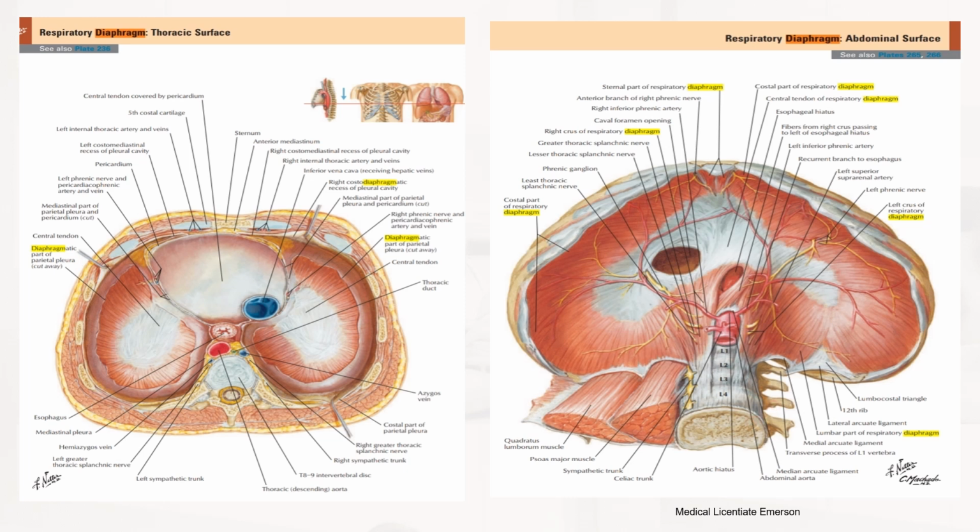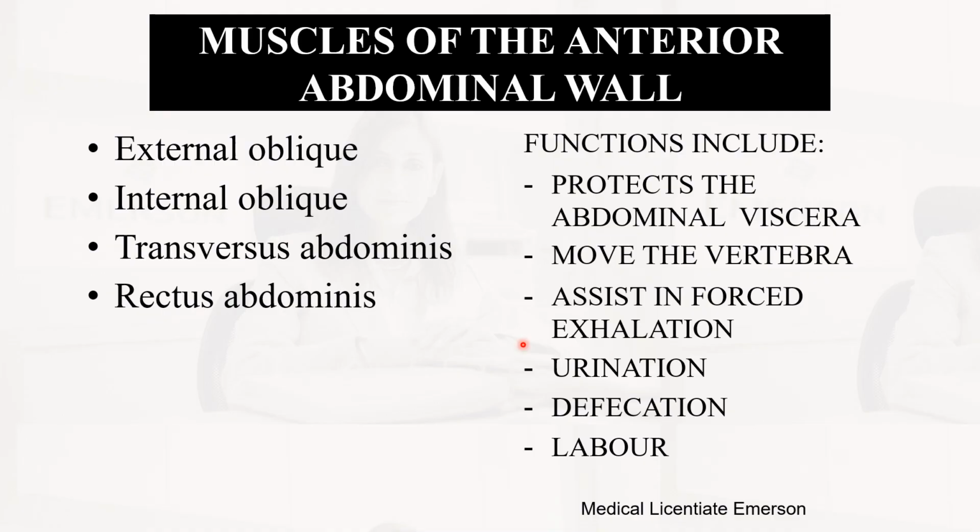You can pause and try to go through some of the muscles found here. So let's go: muscles of the anterior abdominal wall. We are done with the thoracic wall and now on the abdominal wall.